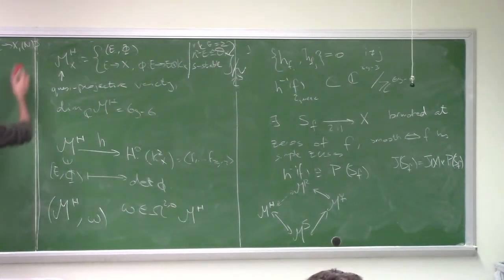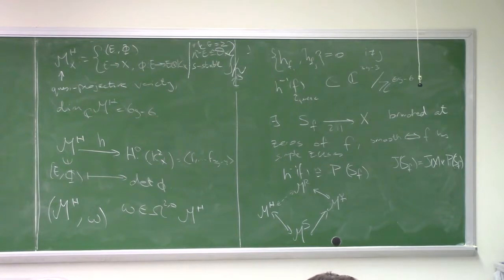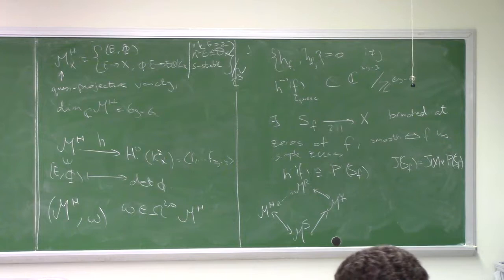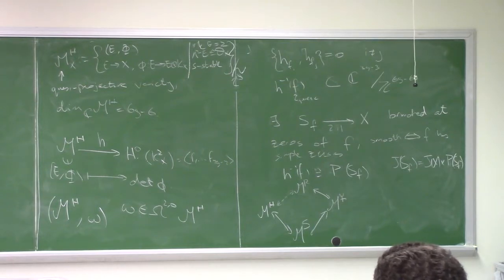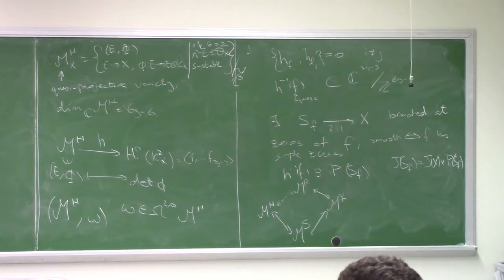So now we come back to our spectral curves, to our modular curves. So we have this SL2R action on the upper half plane, which is the set of complex numbers such that the imaginary part of tau is positive.